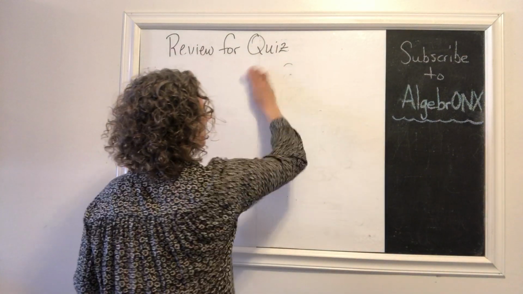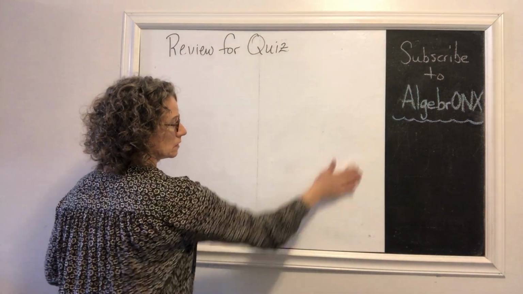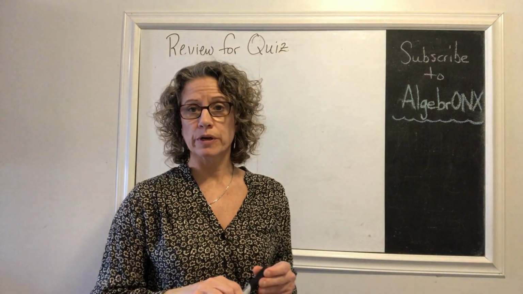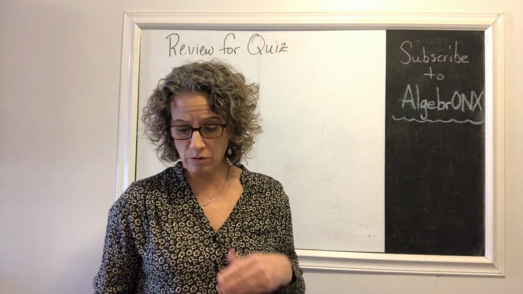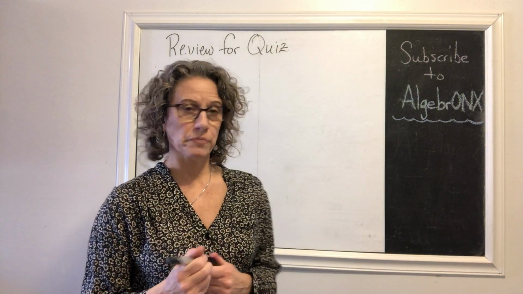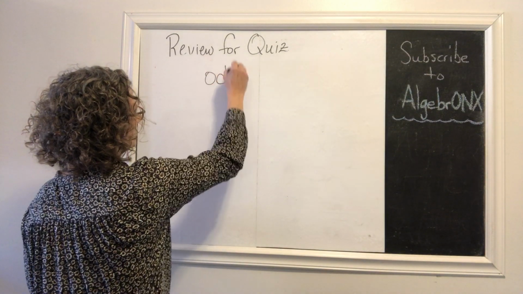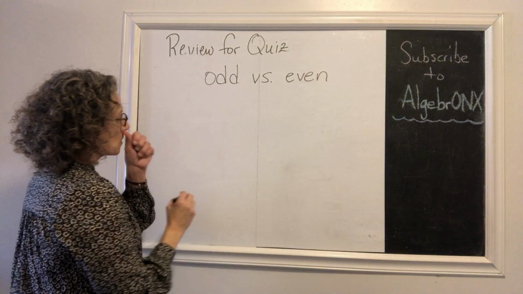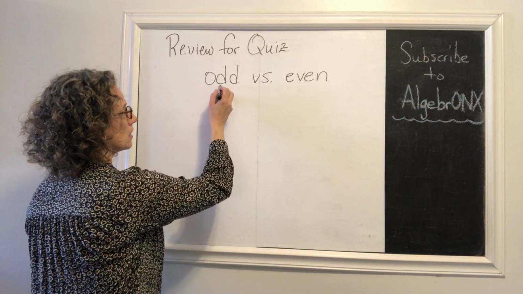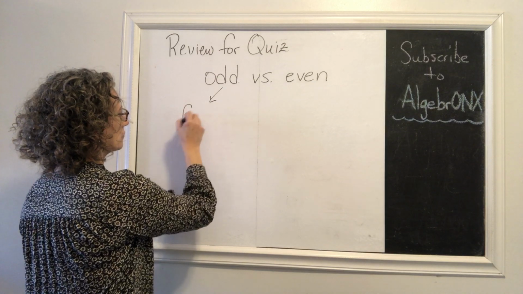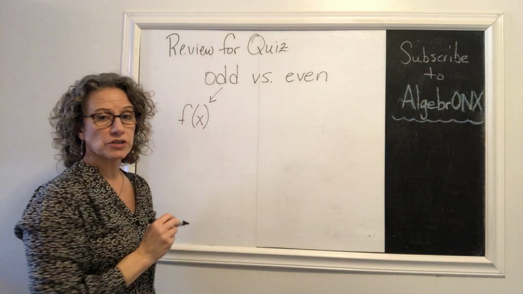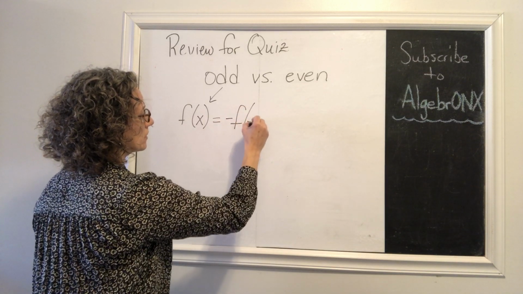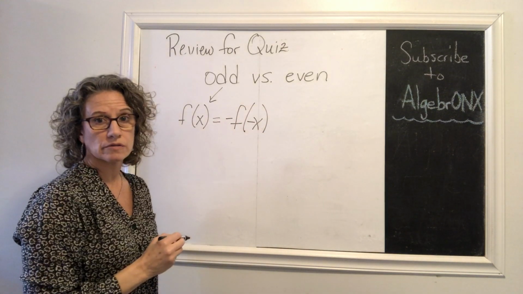The next topic is, if a point lies on a graph with an odd exponent, how would you find out other points that also lie on the graph? Recall the concept of odd versus even exponents. If you have an odd exponent for f of x, then the y value will negate when the x value also negates.